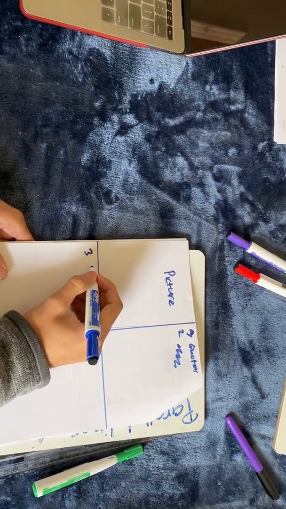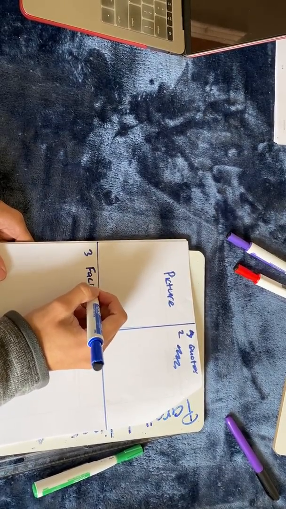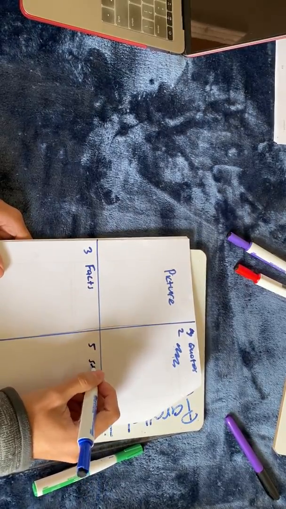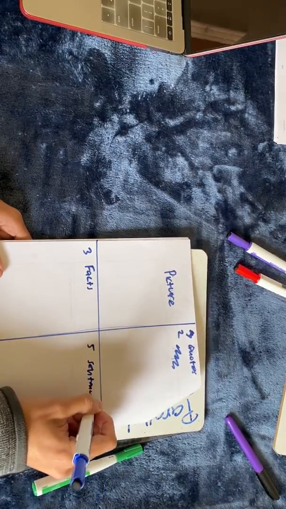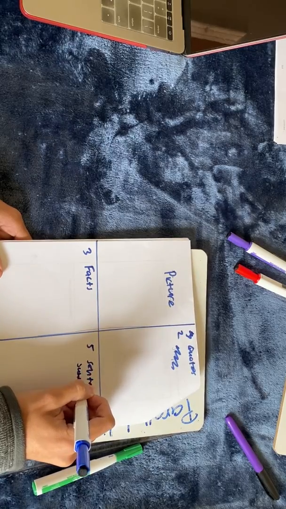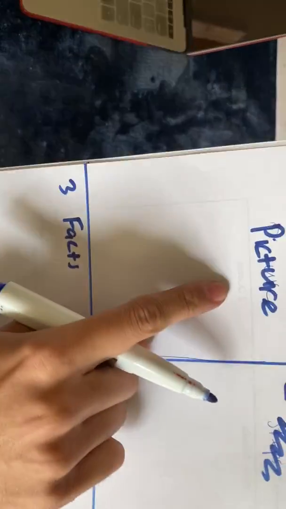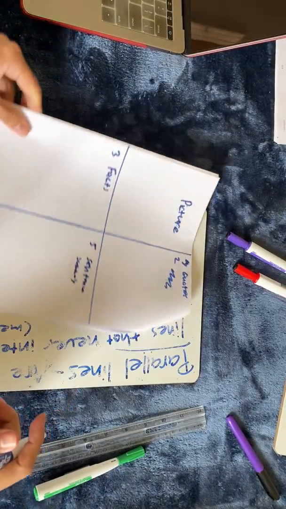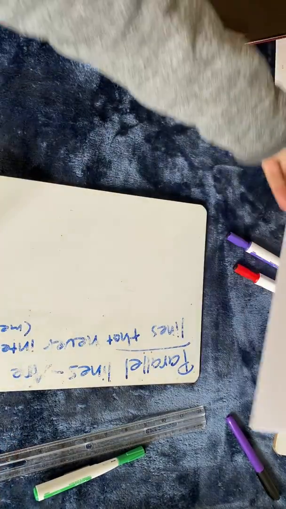You need 3 facts, 3 key details, and then finally a 5-sentence summary. Okay? So a picture, 2 quotes, 3 facts, and a 5-sentence summary, and that's it. You're done. Okay? And that's it for science.